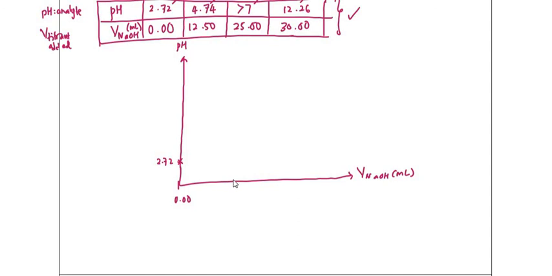Then 12.50 becomes 4.74, the second point here. 25.00, greater than 7, 7 here. And 30 ml becomes 12.26.